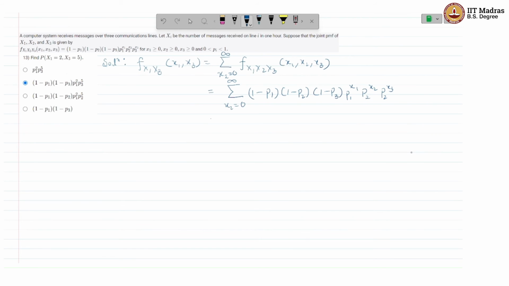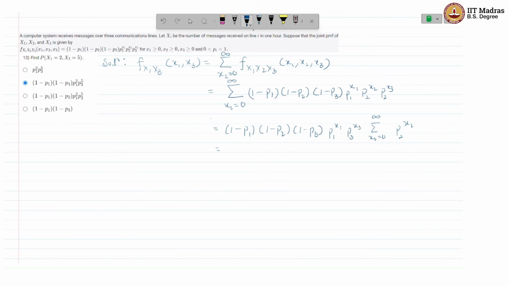On further simplification, we'll take the constant terms out of the summation. So this will become (1 minus P1), (1 minus P2), (1 minus P3), P1 raised to the power x1, P3 raised to the power x3, summation x2 from 0 to infinity, P2 raised to the power x2.